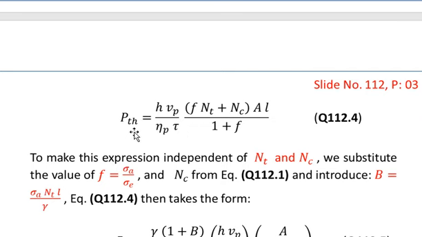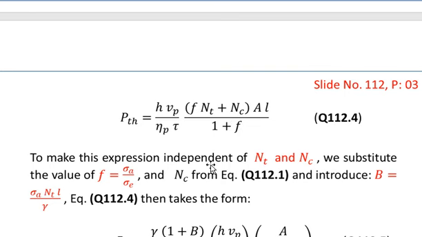So P threshold, that is the threshold pump power, is equal to h nu P over eta P into tau, multiplied by the term F into Nt plus Nc within the parenthesis, multiplied by A into L, and then the denominator is 1 plus F.